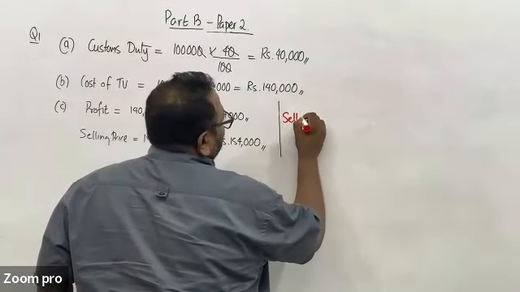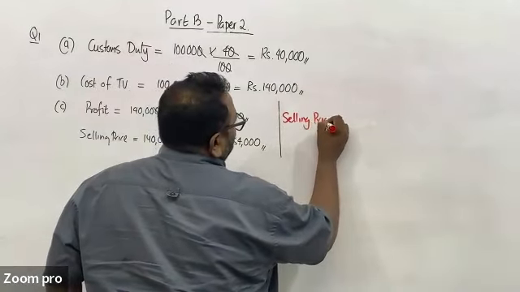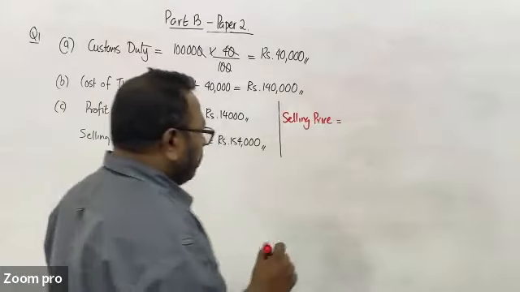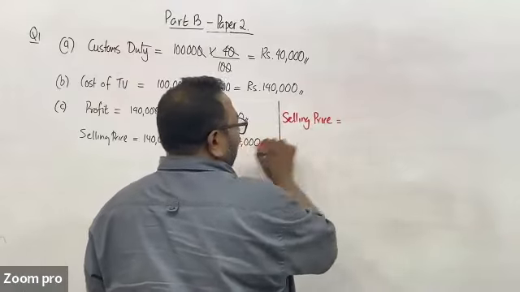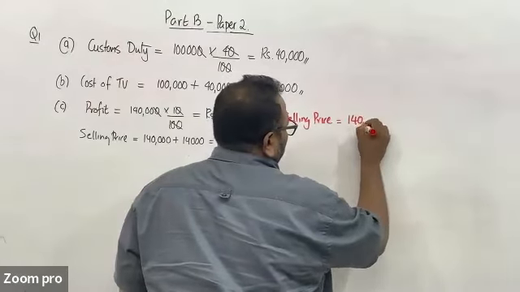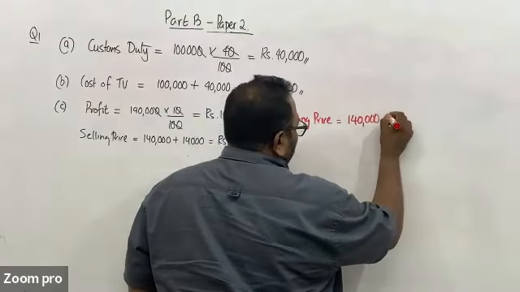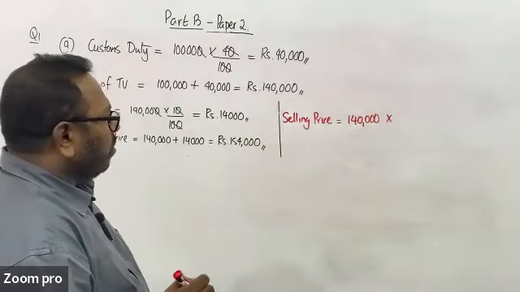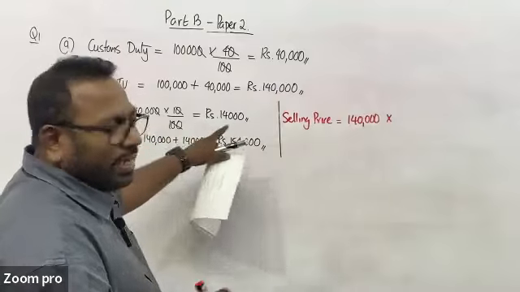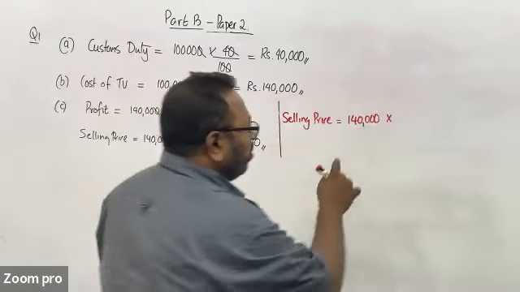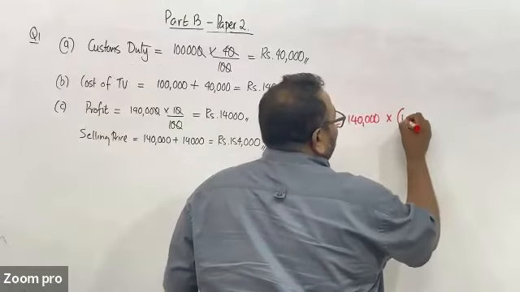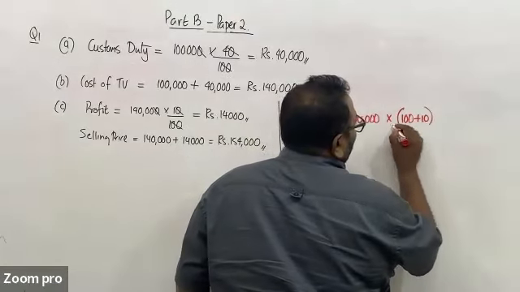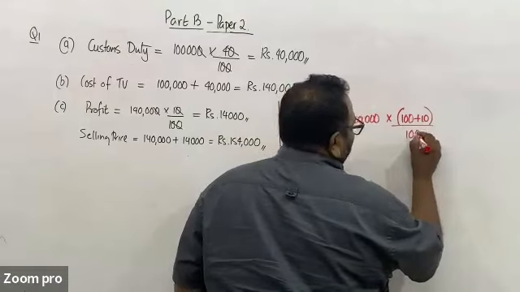So selling price is 140,000 into, okay, what are we going to do? We are going to add the 10% directly and calculate. So how are you going to do the 10% directly? 100 plus 10 over 100.